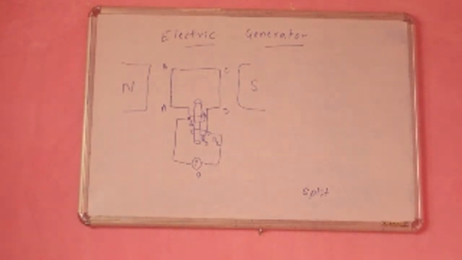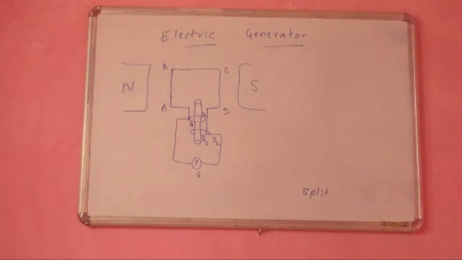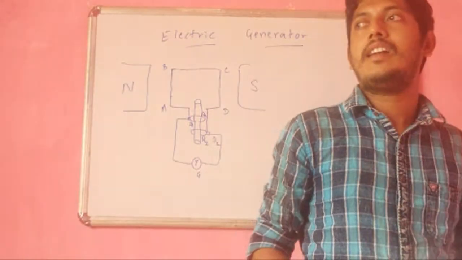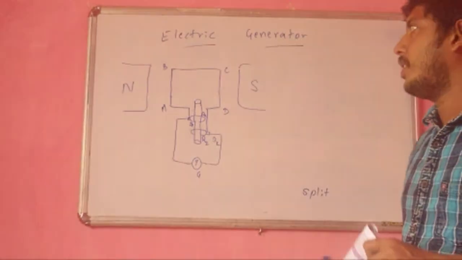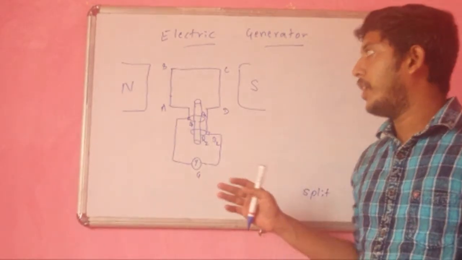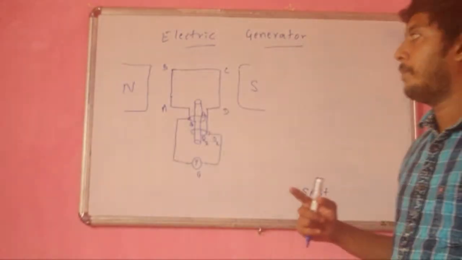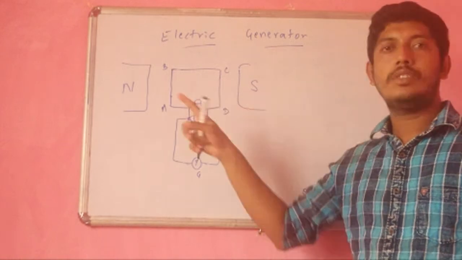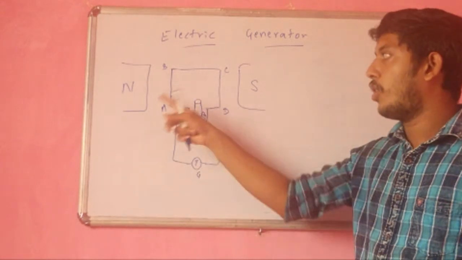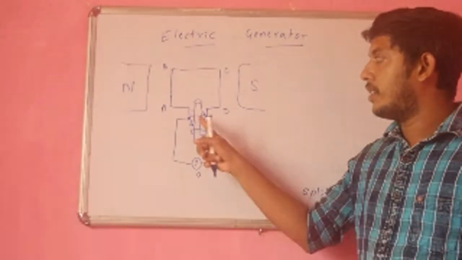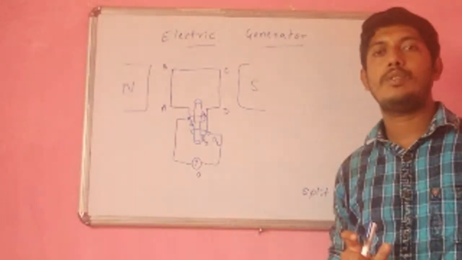Electric generator. The principle involved in electric generator is it converts mechanical energy into electrical energy, and here we consider different parts. One is armature, a rectangular shape, on that plenty number of coils are wound, and two poles of permanent magnet, north and south, and support, and two complete rings are used.